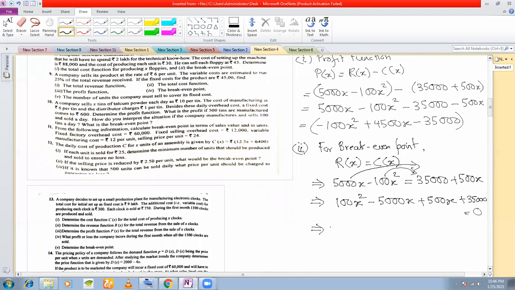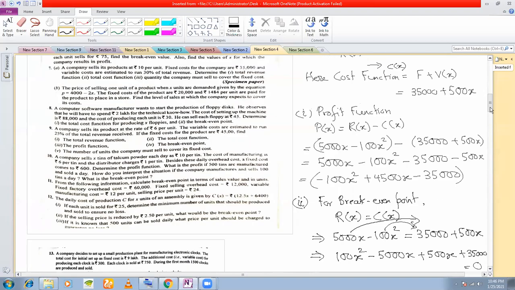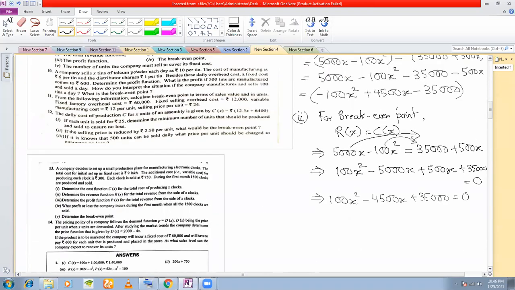That means you're getting 100x square minus 4500x plus 35,000. Now, since we have to solve this equation, you need to find the break even. Break even point means how many goods you are producing such that revenue is equal to cost.